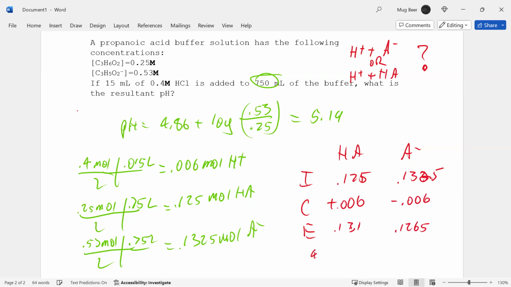So I've got 4.86 plus log 0.1265 divided by 0.131.